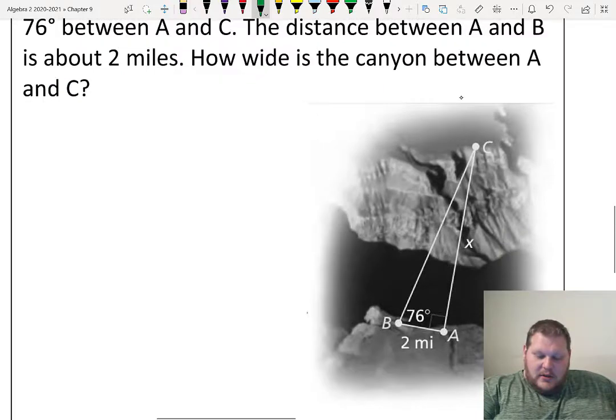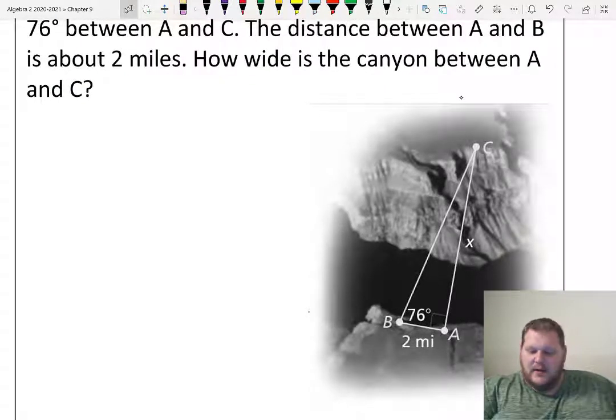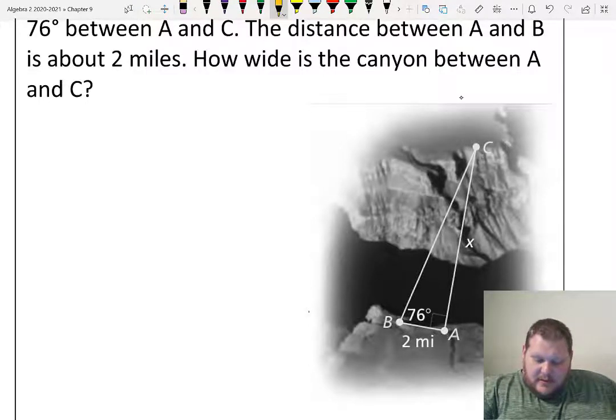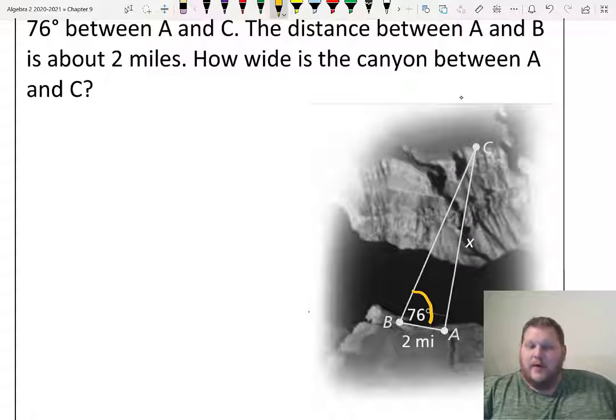I've got my triangle, and if we want to rewrite it so it's not on a picture of a topographic canyon, we can do that to make it a little bit easier for us. I'll use yellow so it's visible. This angle here, which is one of my two corners, not my right angle, but my other one, is 76 degrees.